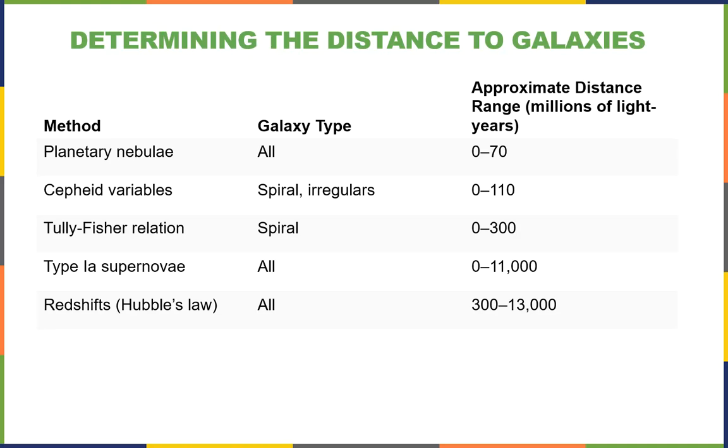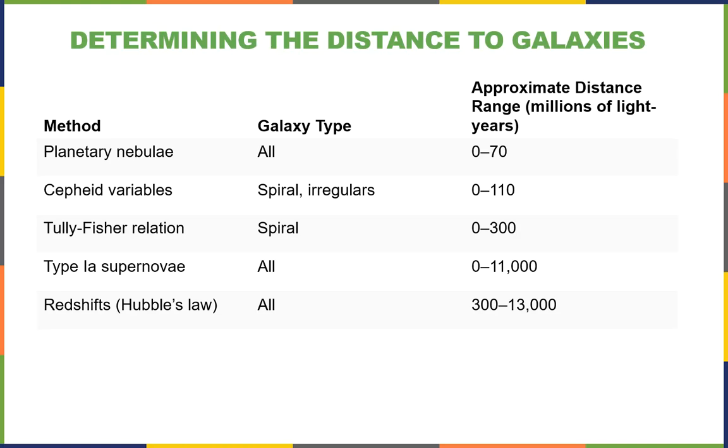Then you have the type 1a supernovae, as we just talked about in reviewing the test. Those are 1.4 solar mass white dwarfs that suddenly get enough mass to collapse and erupt in a bright flash. That bright flash is very reproducible. And so if you find a type 1a supernova, you know the luminosity, measure its brightness, and calculate the distance.